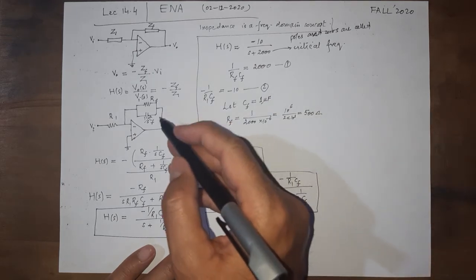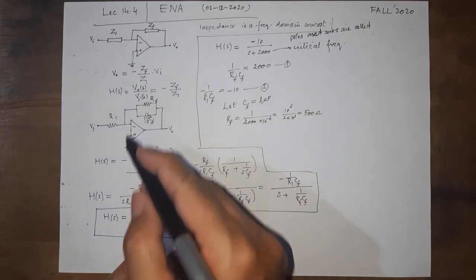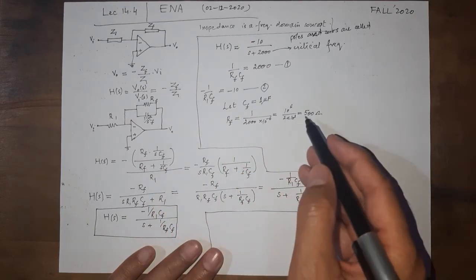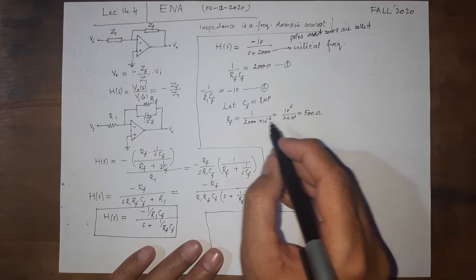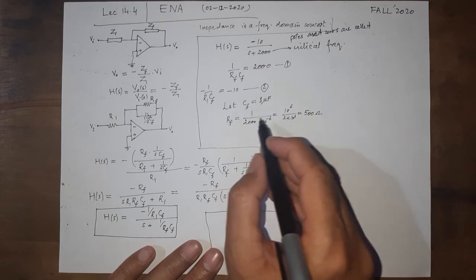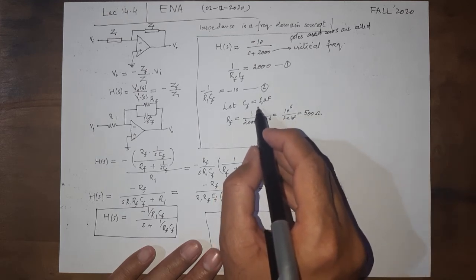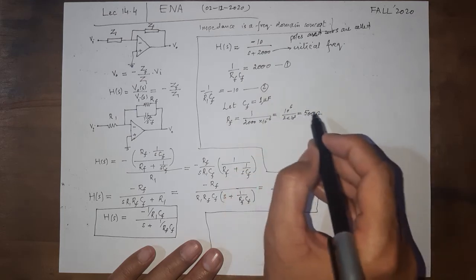Typically in op-amp circuits, we prefer resistances to be in kilo ohms, not very small values, for some reason that we may not be interested in right now.